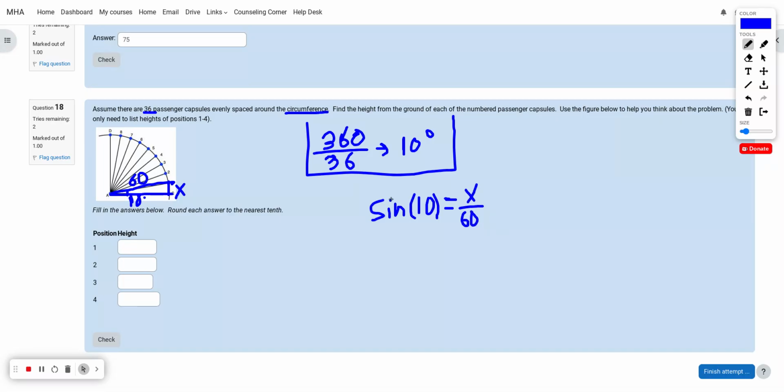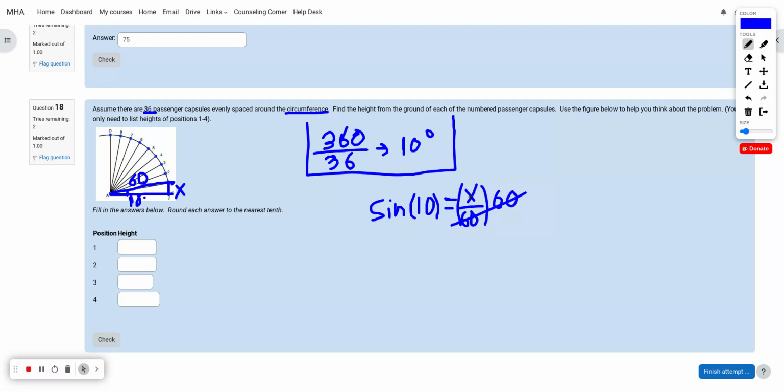Now there's something fun you can do here. I love it when the variable's up top and the numbers on the bottom. It makes things so much easier, and you don't have to go through extensive steps. Because to get rid of the 60, you just multiply both sides by 60, because the opposite of division is multiplication. So that cancels.